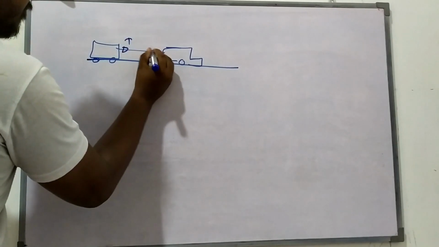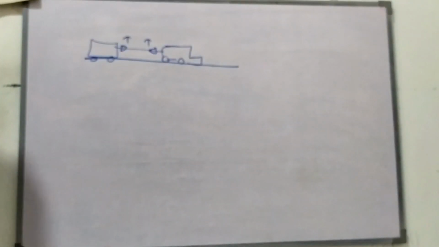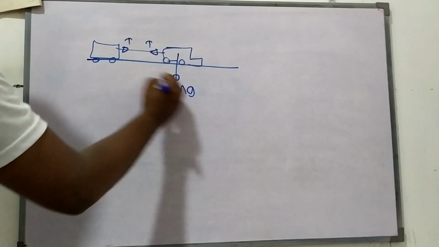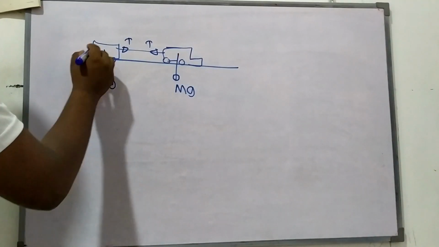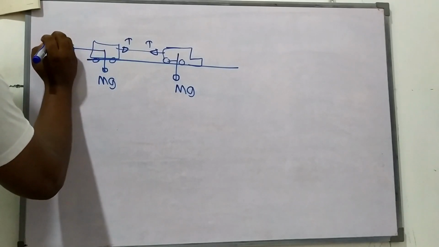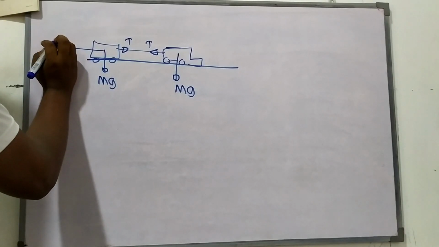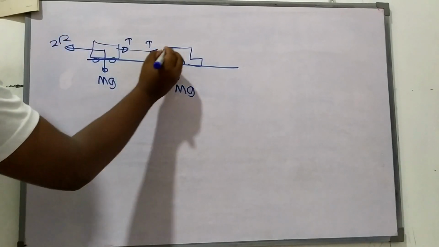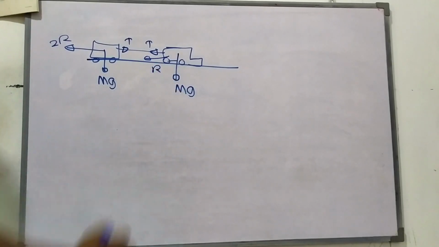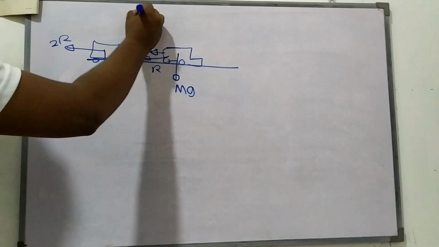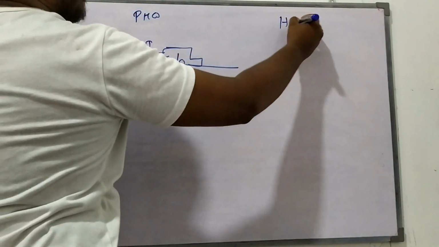Tension is T. The resistance is R and R. P kilowatt, H equals FV.